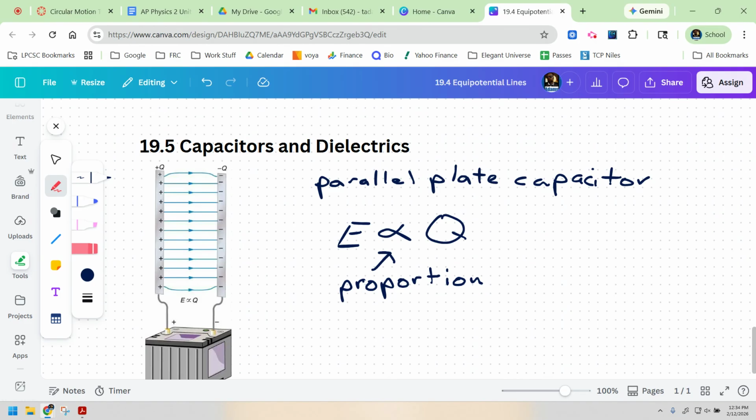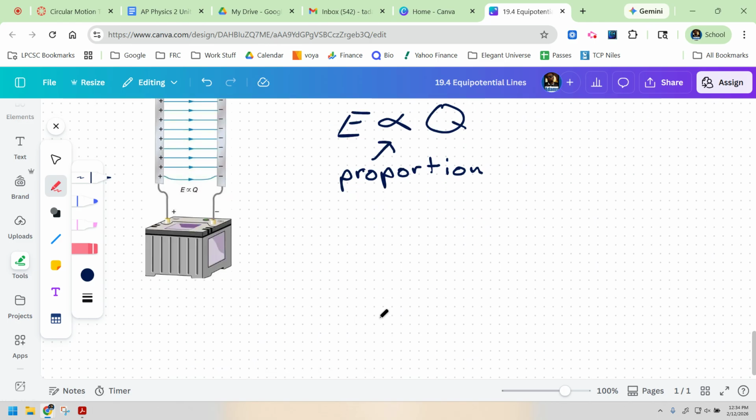And so that means we're going to recall some things. Remember that your voltage is equal to the electric field times the distance between the plates, right? Between the charges. So then that means that V is directly proportional to the electric field, right?